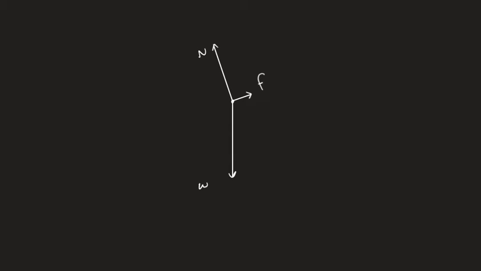Okay, so I'm going to apply a coordinate system, and I'm going to use the first priority of my coordinate system, which is to line it up with the direction of the acceleration, which I believe is going to be down the ramp. So I'm going to make this the positive x direction. I think you will always be happiest if you make the positive x direction the direction of your acceleration.